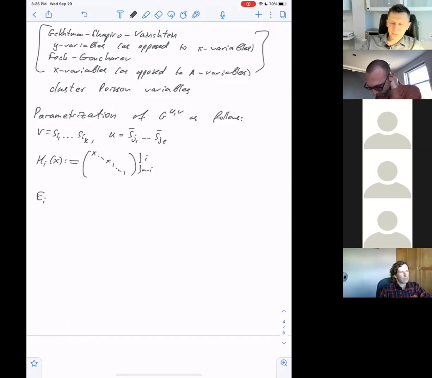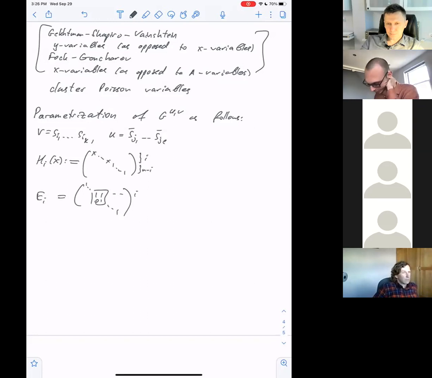E_i will be this matrix, where I have this block 1, 1, 0, 1, and then just a diagonal matrix with ones, and this element is in the i-th row. And F_i will be E_i transposed.